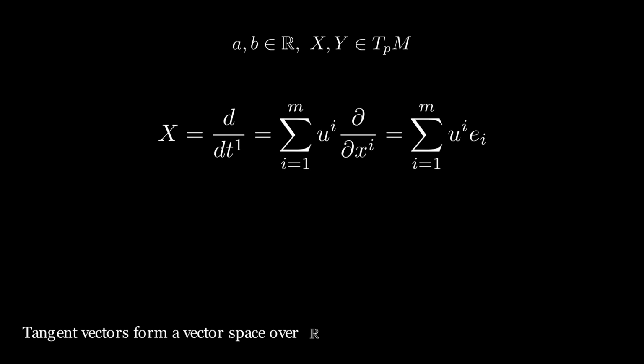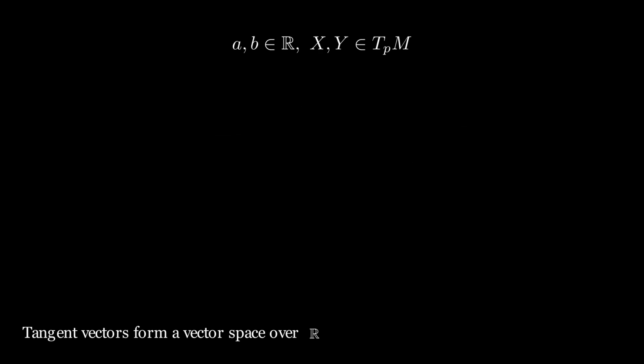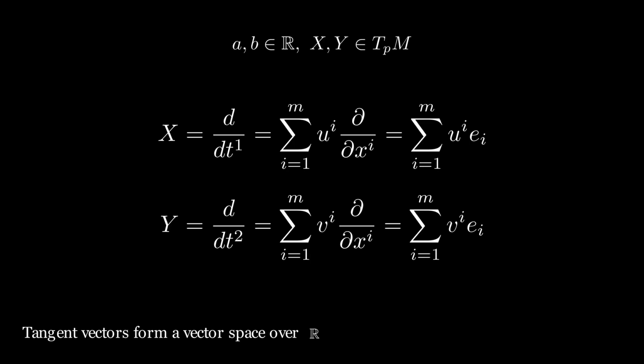On the other hand, let's also take a look at operations between tangent vectors. As mentioned earlier, when we choose a specific coordinate system, it is natural to think of partial over partial x^i as a basis of tangent vectors. The space spanned by this basis at a point P is denoted T_P M. A general tangent vector can be written like this, with the coefficients u^i being C^r functions on U. Let X and Y be elements of T_P M, defined like this.